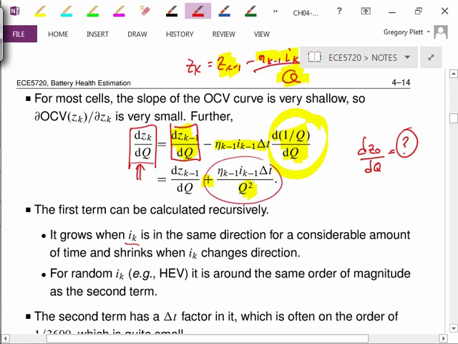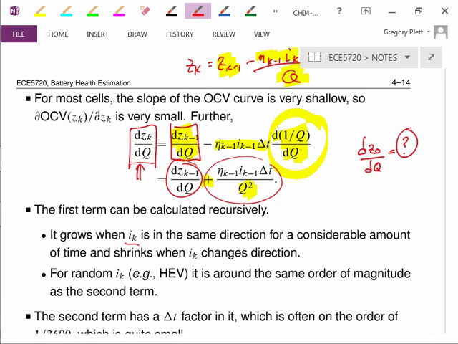So the derivative increases when current is in the same direction for a long amount of time. If current is positive, then negative, positive, then negative, then what I'm adding each time step is in one direction, then another one, then the other, and so forth. And it doesn't grow. So this term that contributes to sensitivity stays about 0 or small.